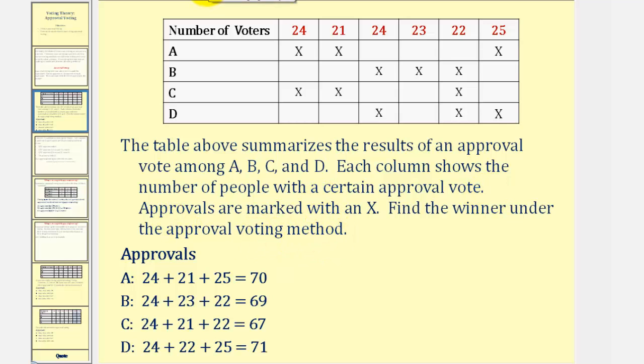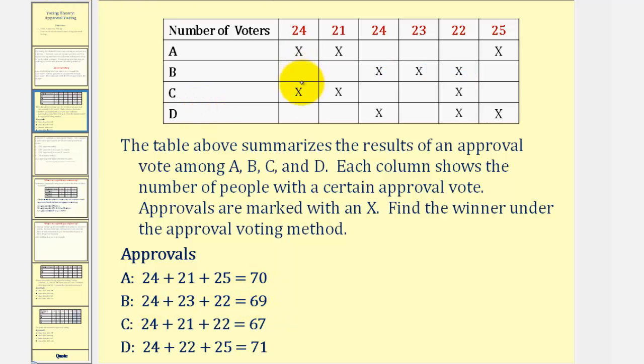So if we start with candidate A, notice how candidate A was approved by 24 plus 21 plus 25, or 70 voters. Looking at candidate B, B was approved by 24 plus 23 plus 22, or 69 voters.